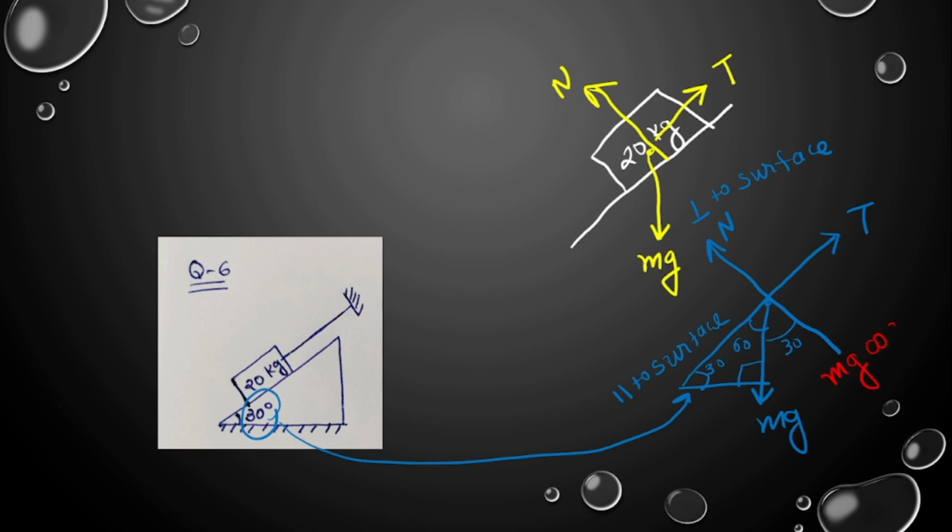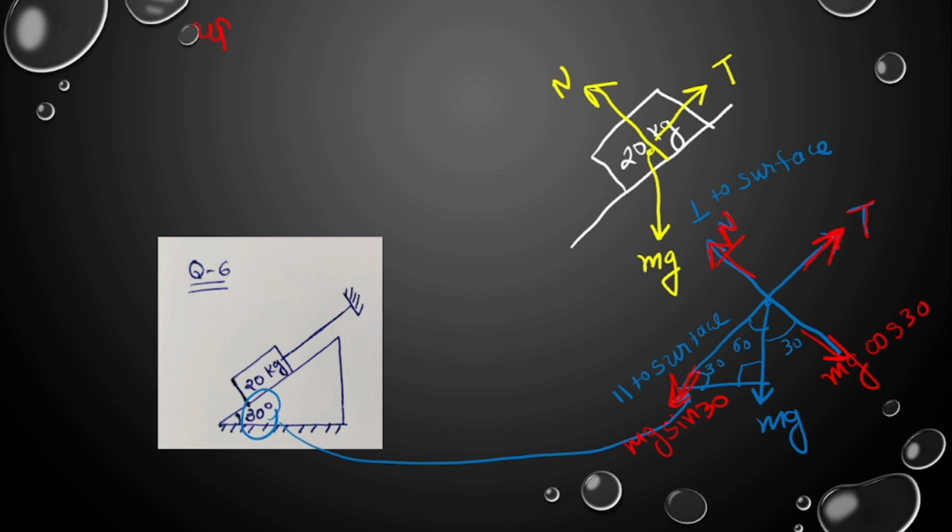mg cos 30, mg sin 30, tension and upward force normal. So this is up, down, left and right.